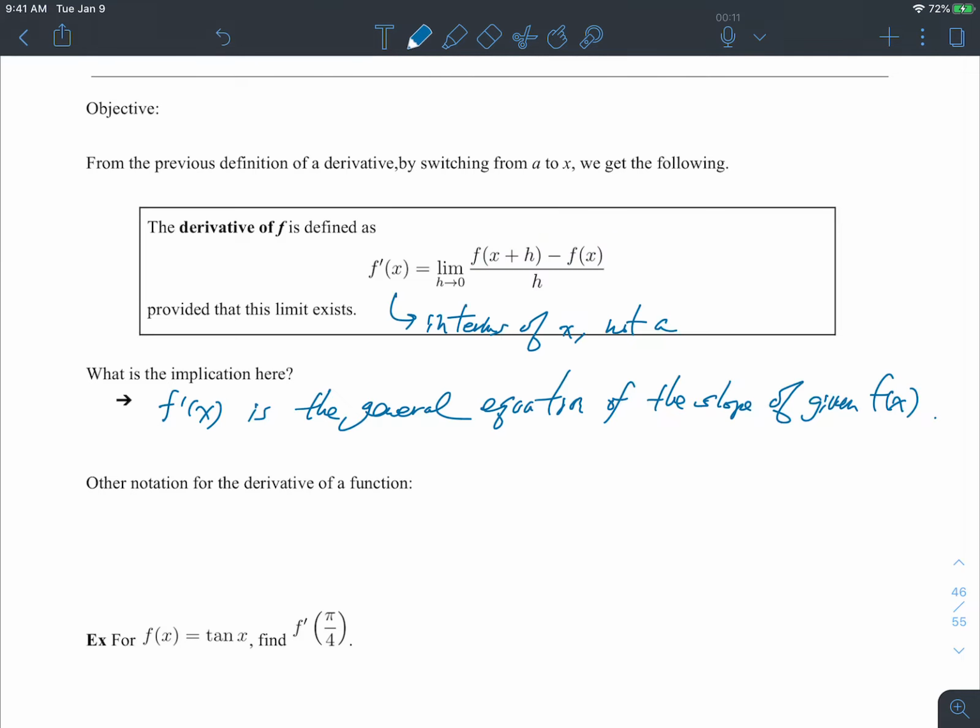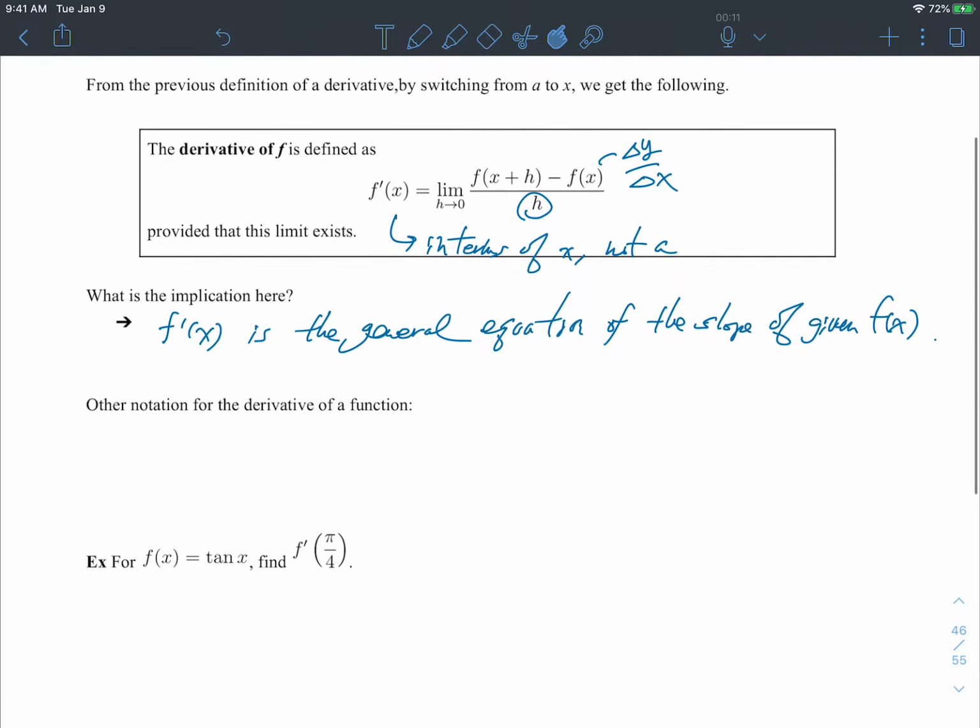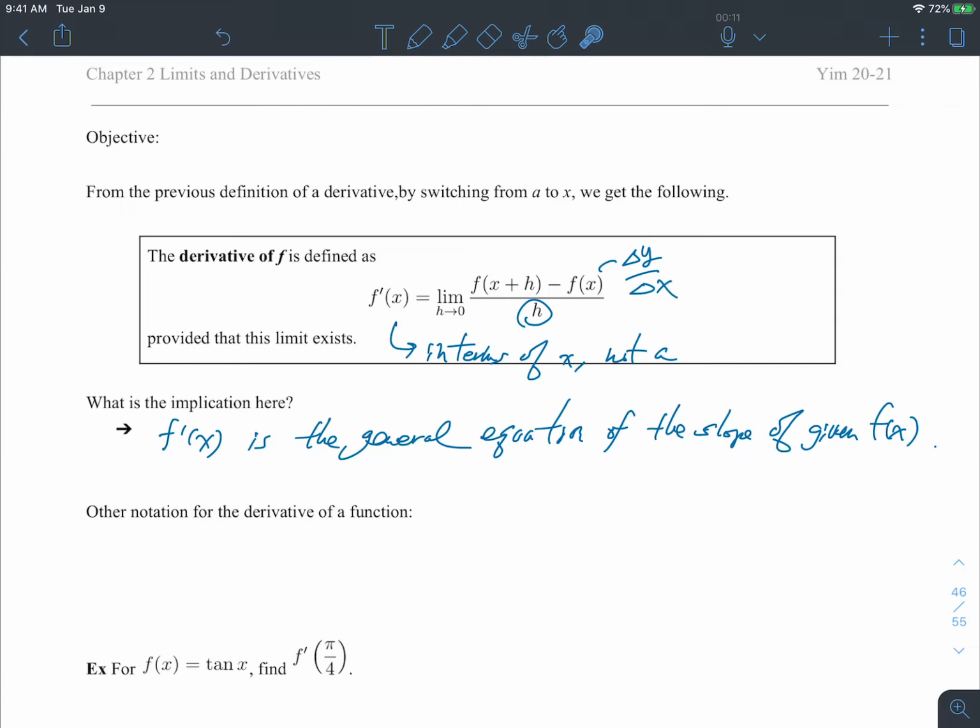That's a change in x, a change in y value. This represents a change in x, right? And I just wanted to introduce you to a new notation. Now, the interesting thing is that we are saying the change in x will get smaller.